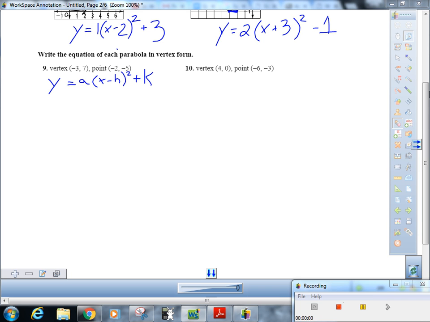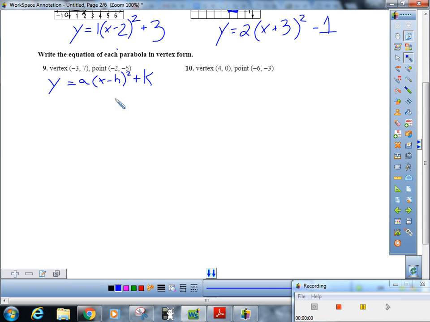Now, in this equation right here, the one that I've written down for you, don't erase. How many variables are here? Count them off. There's actually 5. Okay? Well, that's good, because we have 4 pieces of information there.